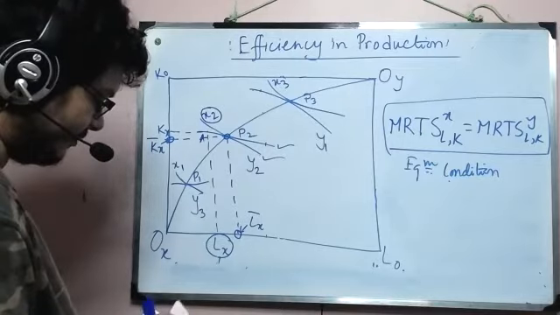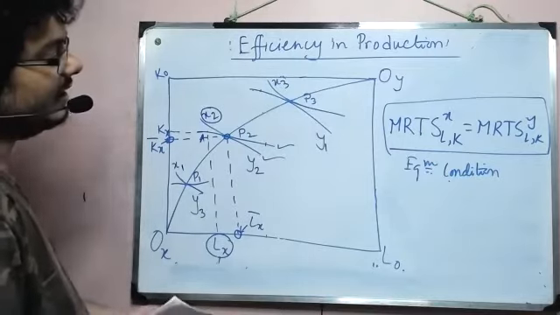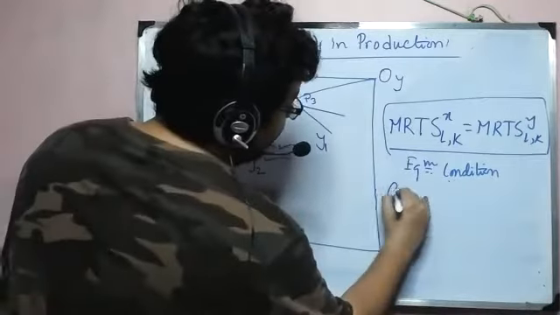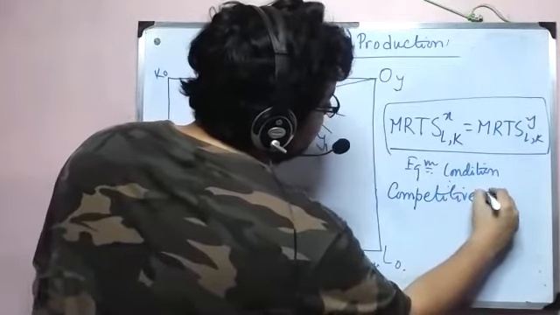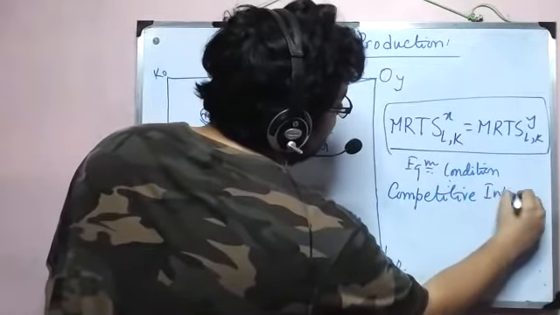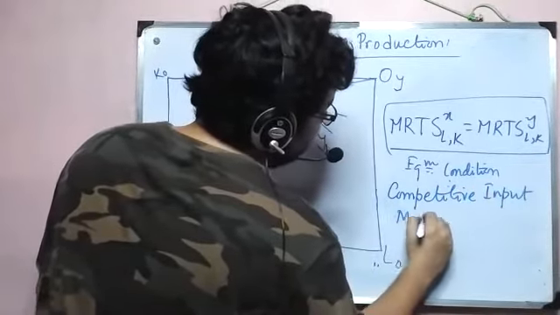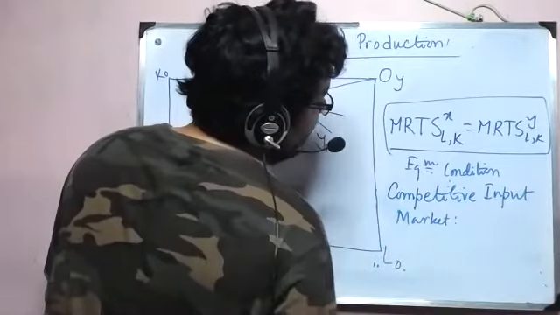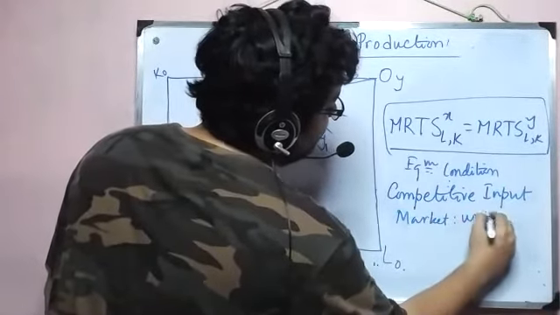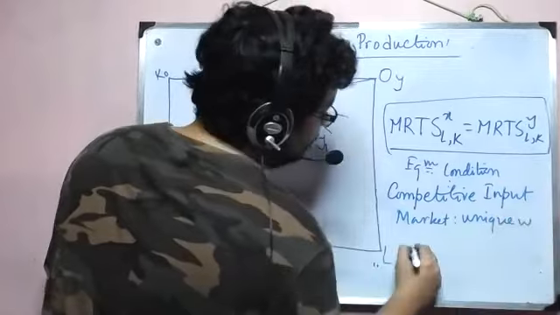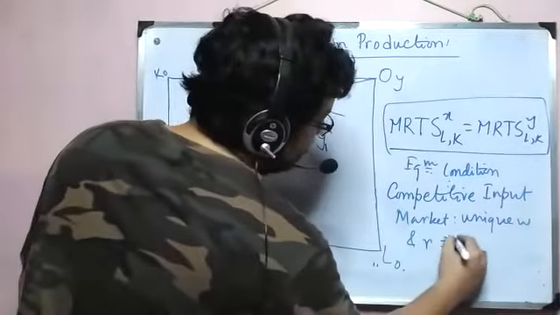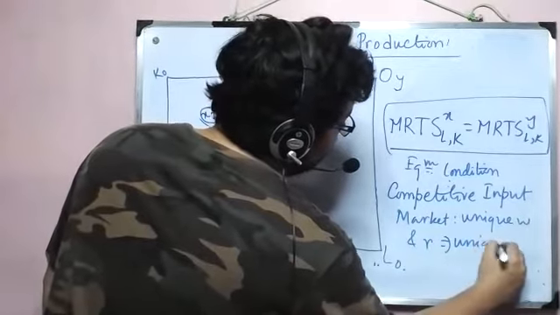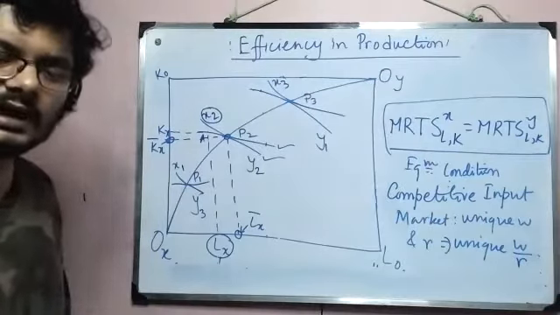Now, just like earlier, if I assume a competitive input market, then what happens? Then we have unique W and R, which tells me that I have a unique W by R, right?